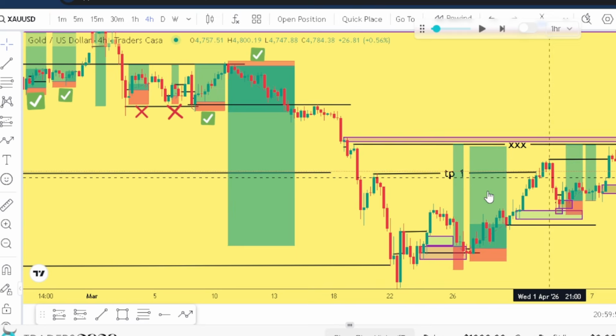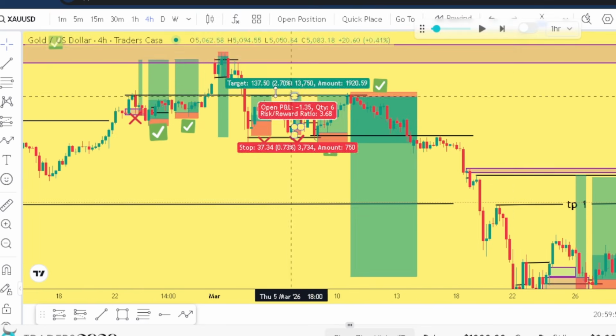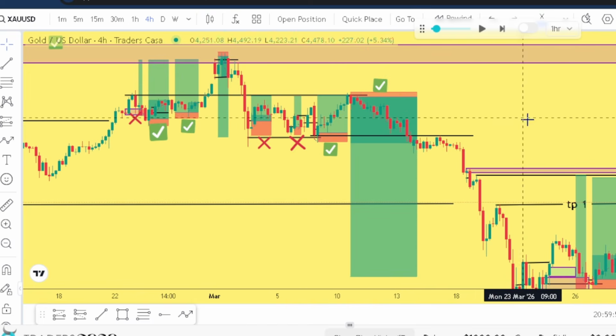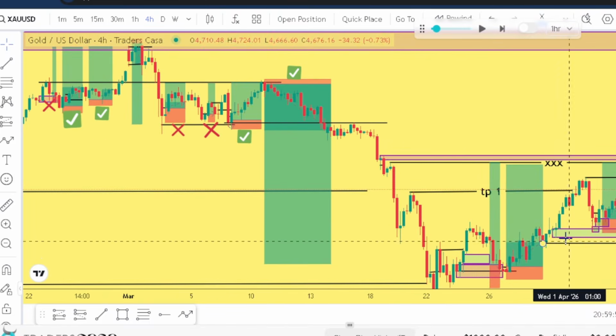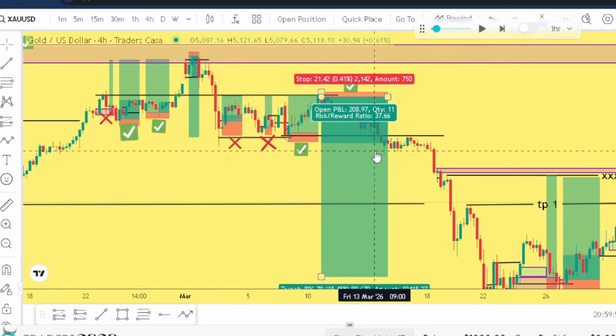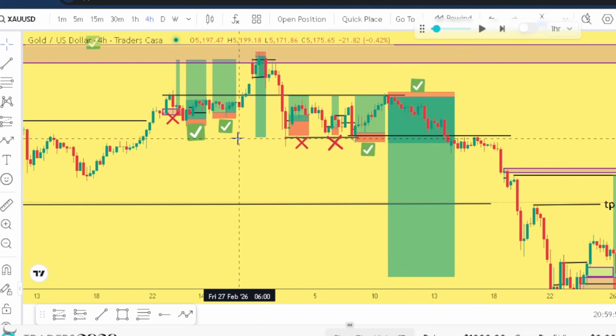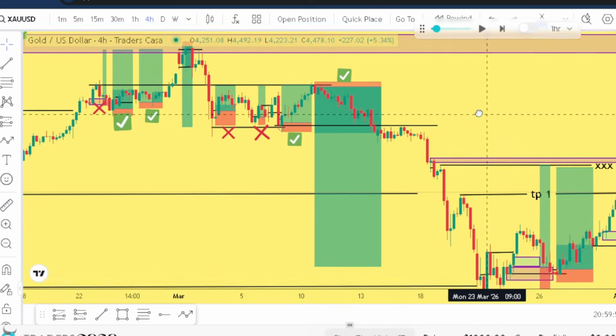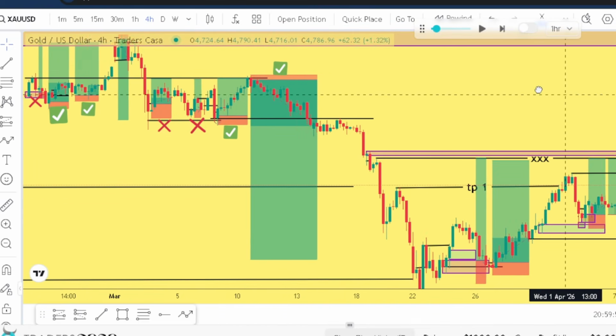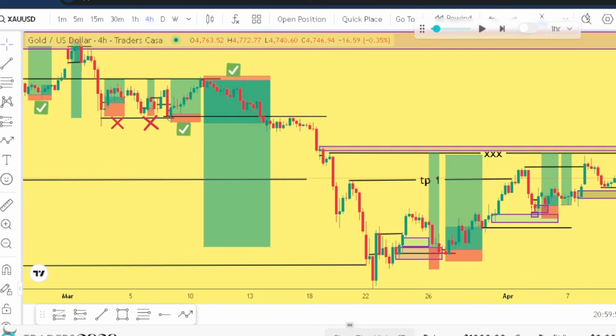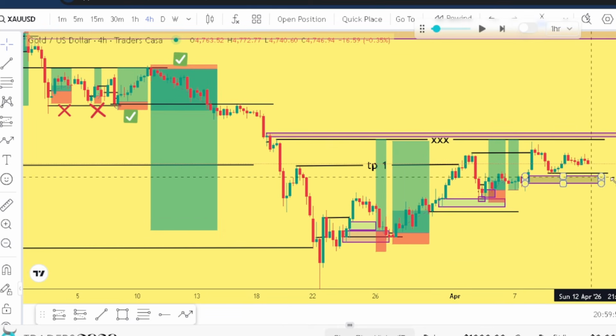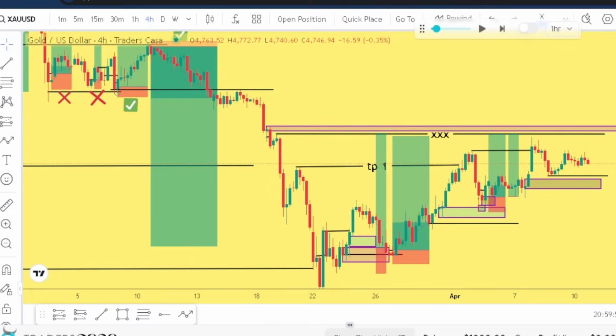So adding the 4 to the last 8 that we made, that becomes 12 entries. And among those 12 entries, we only made 3 losses. So that is, we won 9 good trades. Okay. So we have been profitable overall.